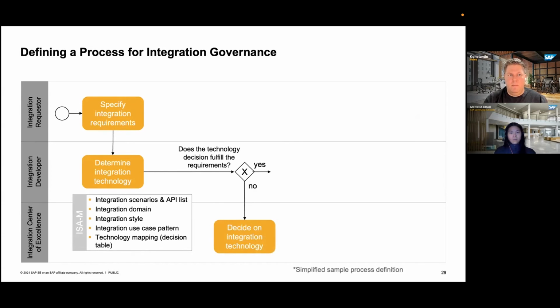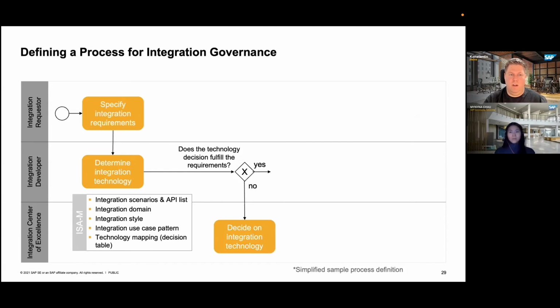You would then decide, does the technology decision fulfill the requirements, so everything you've provided as part of your integration governance? And if no, so if the whole rule set, the whole scope of different architecture options that you've defined for your company does not provide a clear direction or clear recommendation, it would be a case-by-case decision.